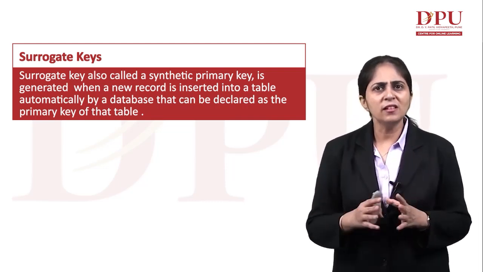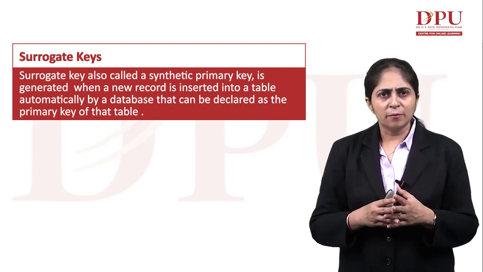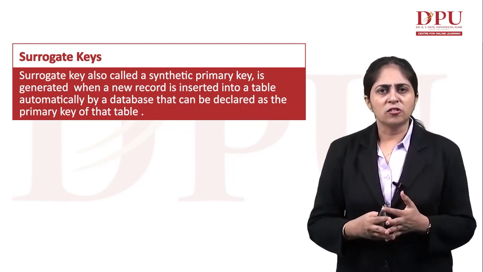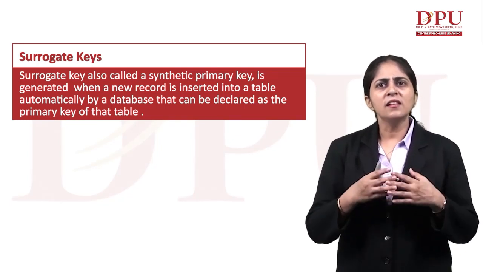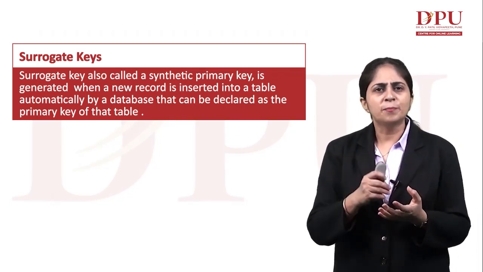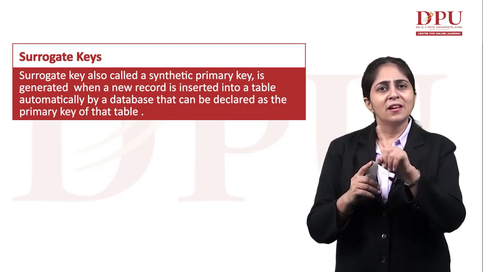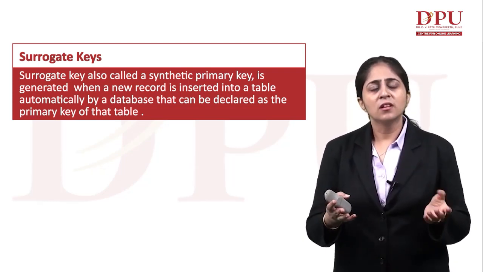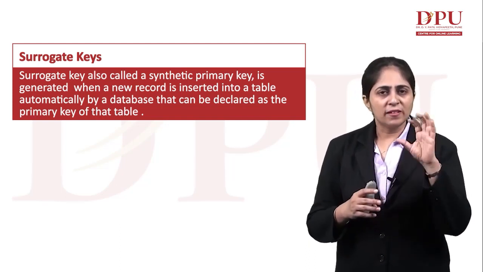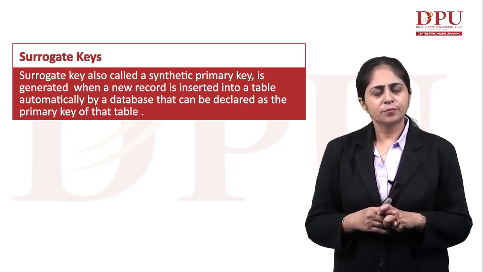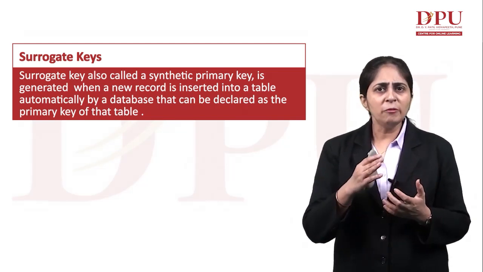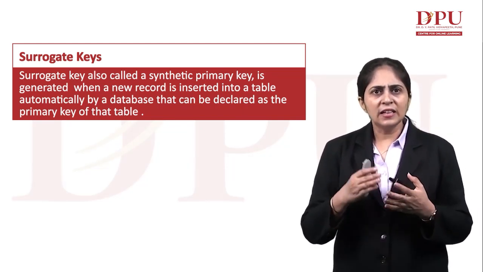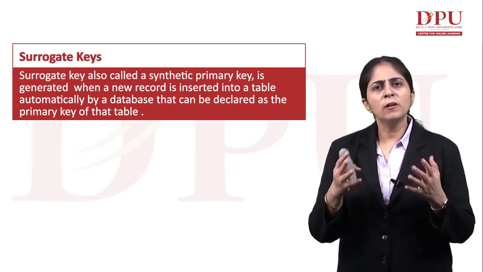It is a sequential number outside of the database that is made available to the user and the application, or it acts as an object that is present in the database, but it is not visible to the user or the application. This surrogate key will be present in our database, but it will not be visible to the user or the application.